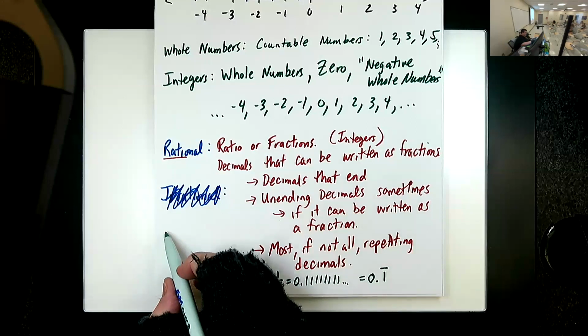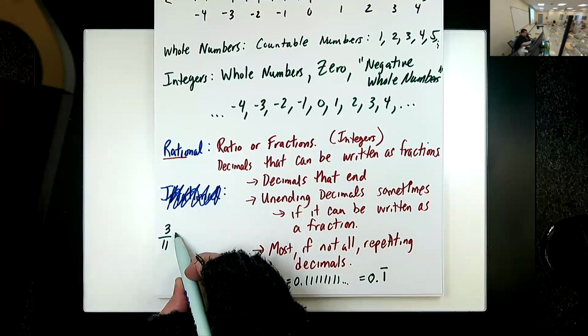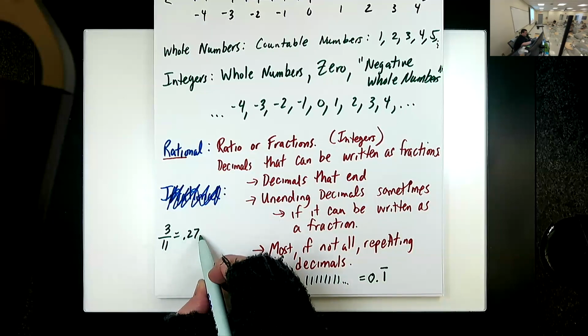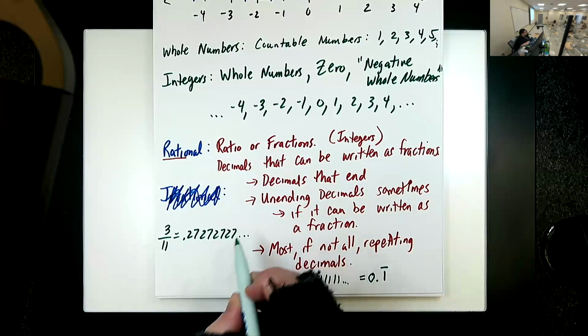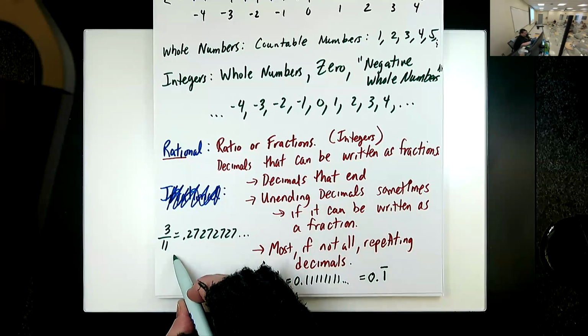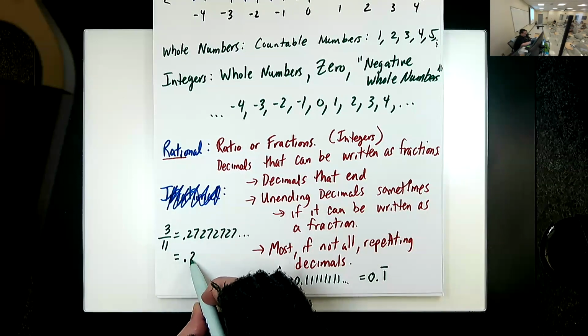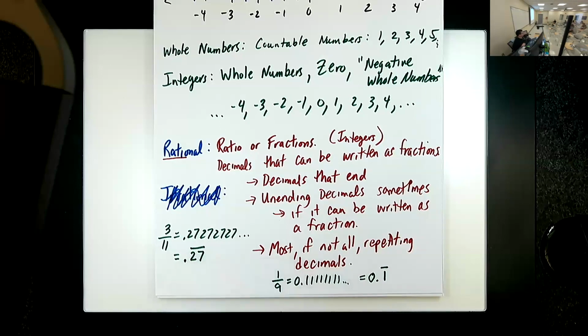Like 3 over 11 is 0.27272727, and it keeps following this pattern. And so here we could write it as 0.27, and the bar goes over both the 2 and the 7.